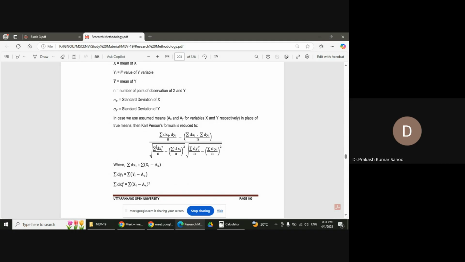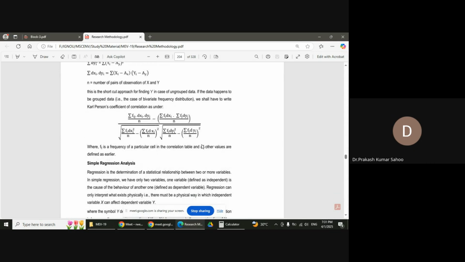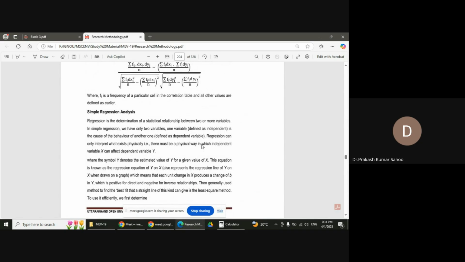This is the squaring summation, and this is the individual summation squared, and the same way the second set of data are here. So this is another method to find out the deviation. Lots of things are here.